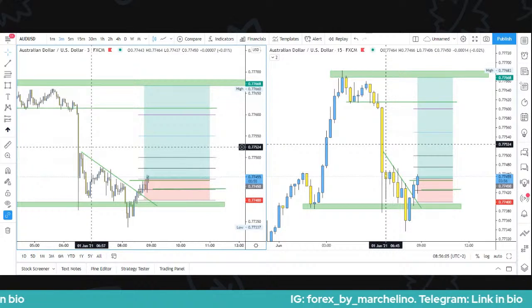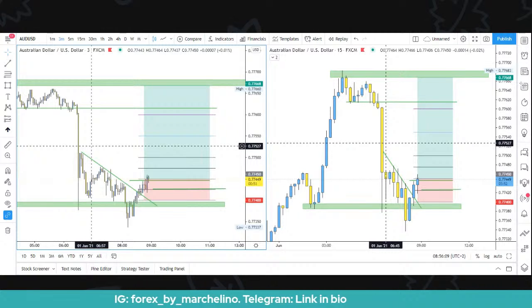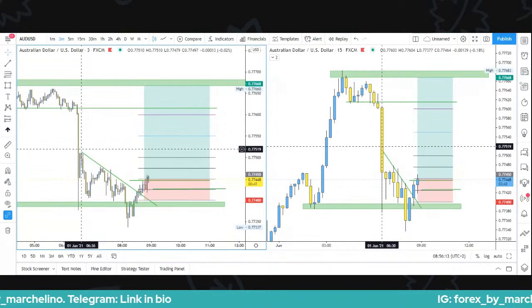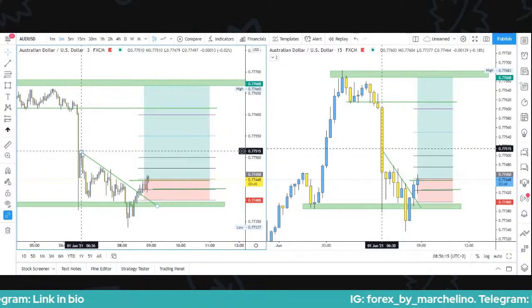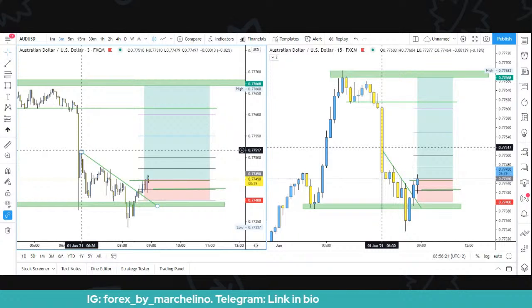When you're looking at bias, you have two types of structures, three if you take consolidation into consideration. There's bullish structures, bearish structures, or you can be sitting in a range.